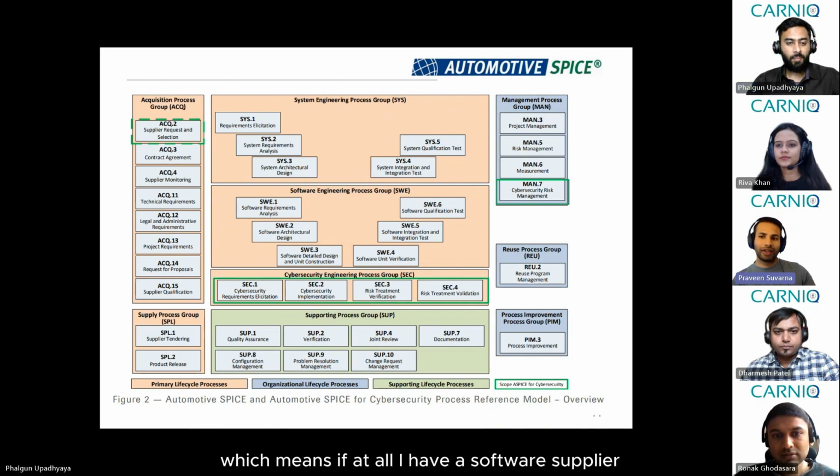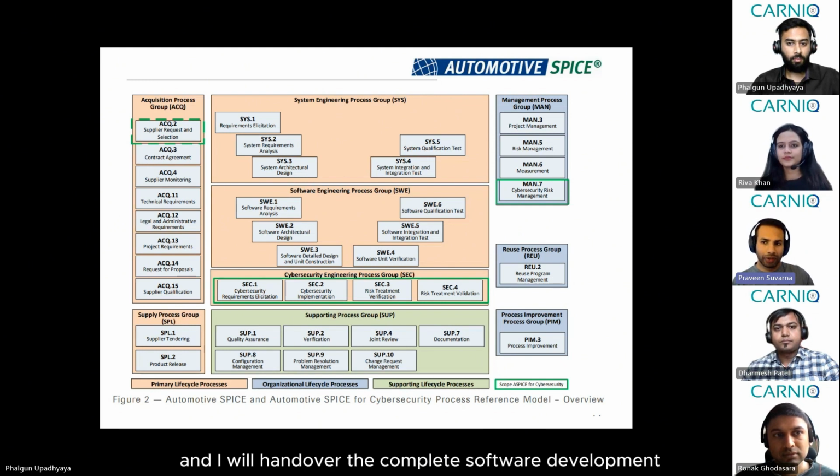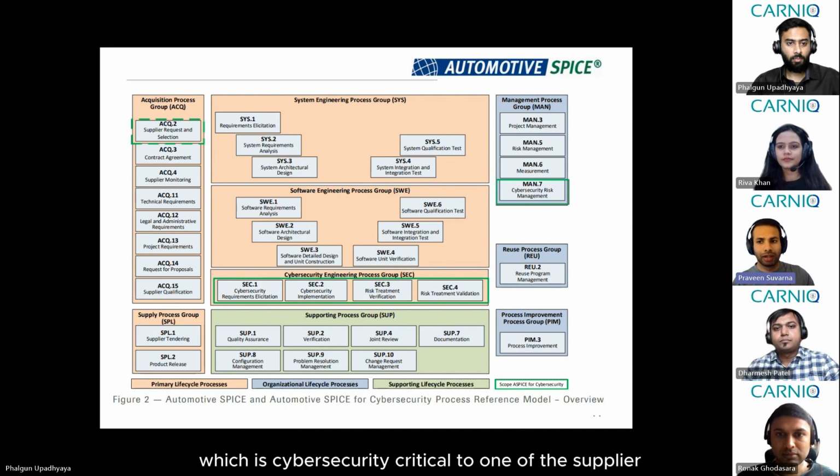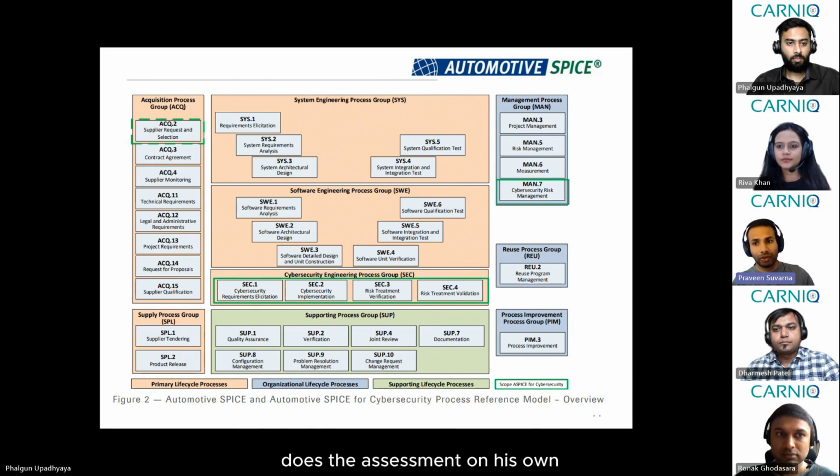Which means if I have a software supplier, let's imagine I am a tier one system supplier and I hand over complete cybersecurity critical software development to a supplier, I would expect that supplier to do the assessment on their own and give me the assessment result. Normally the expectation is also that the supplier shows compliance to SEC 1. But what is in scope for the supplier?